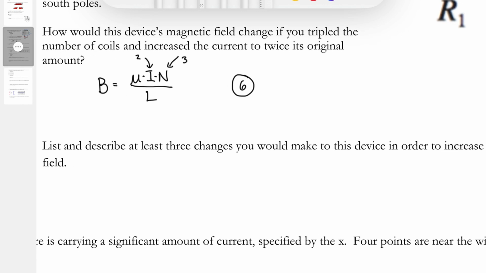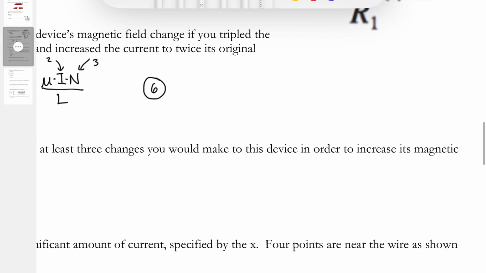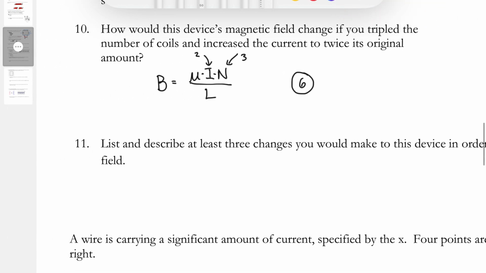Now, there are a ton of changes you could make in order to increase this thing's magnetic field. I could put in a stronger core, and by stronger, I mean more ferromagnetic. I could increase the current. And increasing current can happen in many, many ways.